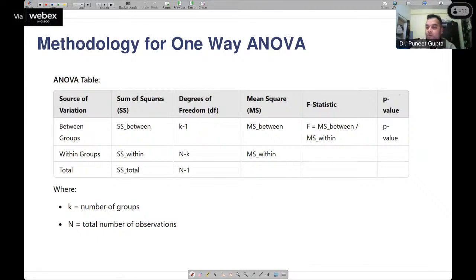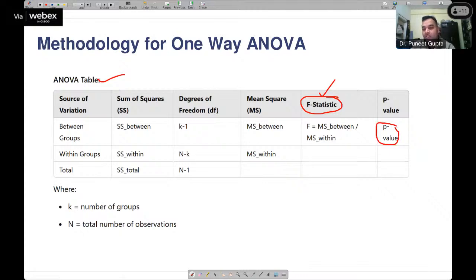On the theoretical part, there is the concept of the ANOVA table. Earlier we had the t statistic and we checked its p-value. For ANOVA, we use the F distribution and the statistic is the F statistic. The interpretation will again be the same, on the basis of the p-value.